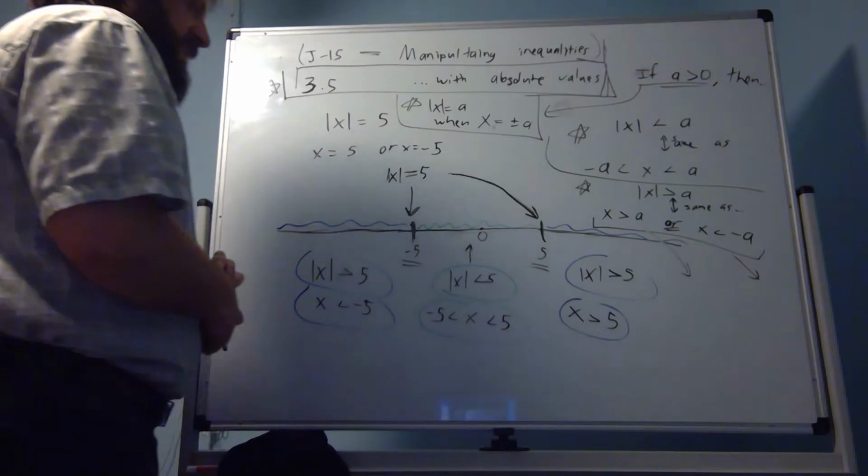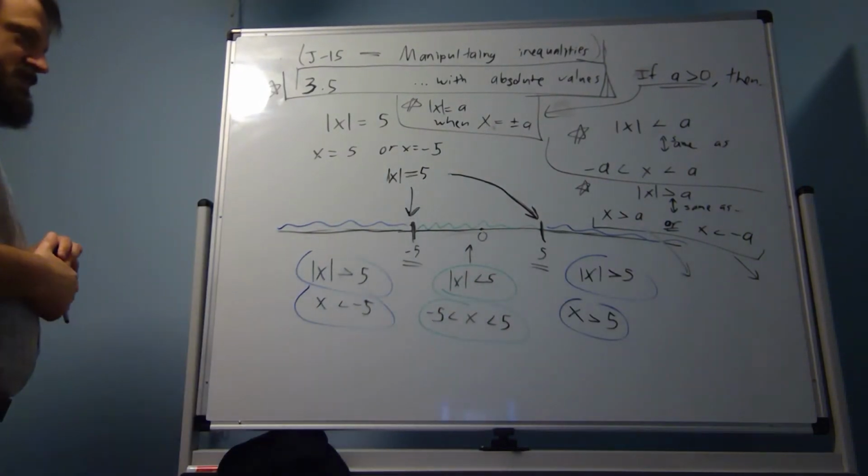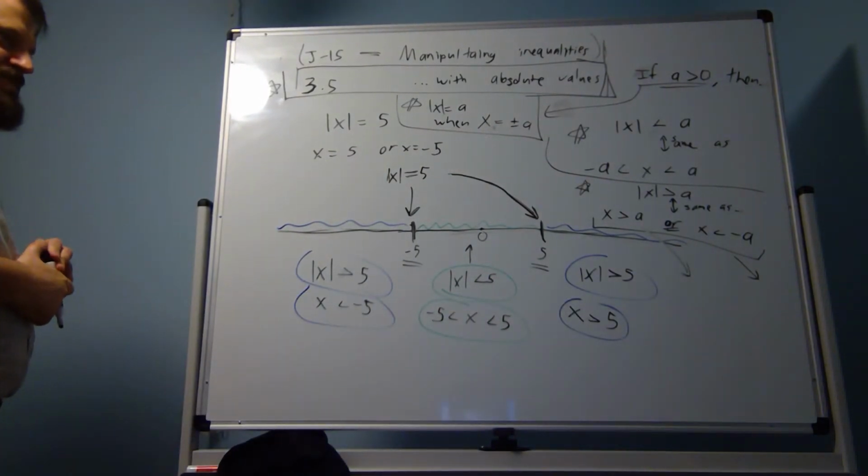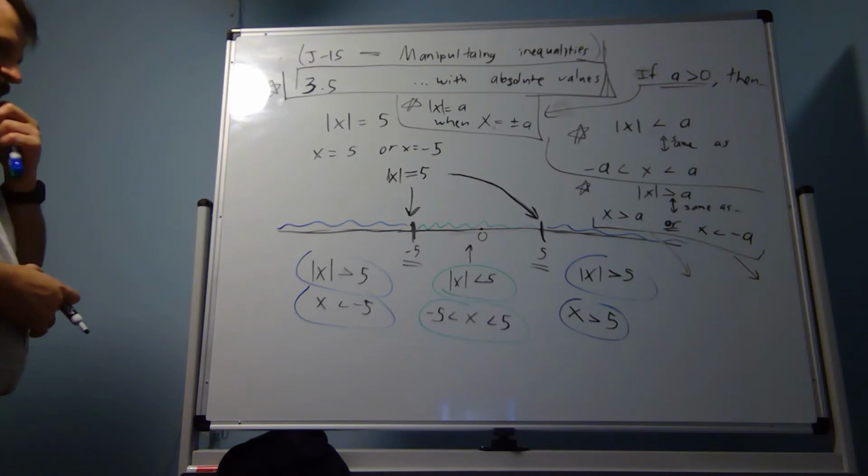And if it's embedded in a larger problem, like if x was 5z plus 7 and you had to solve for z as a follow-up, then you have to keep working with whatever those two expressions are.